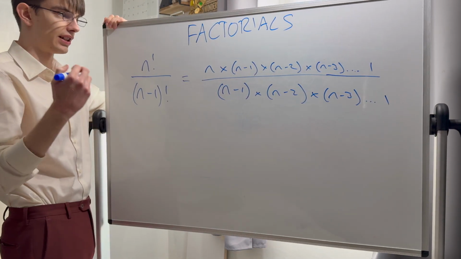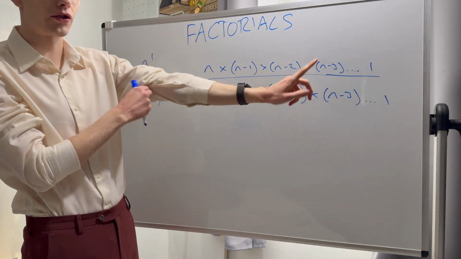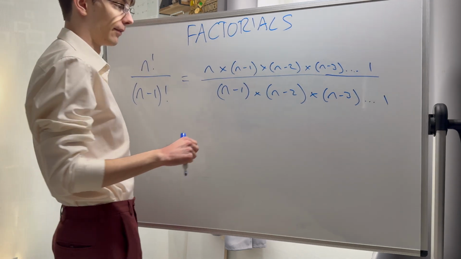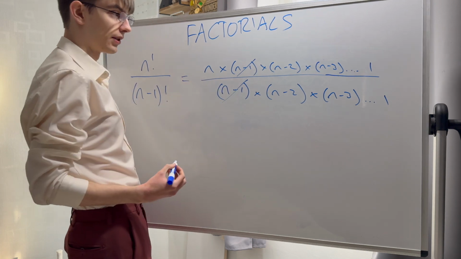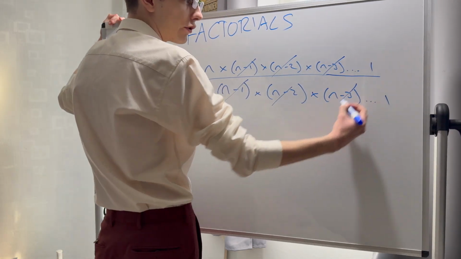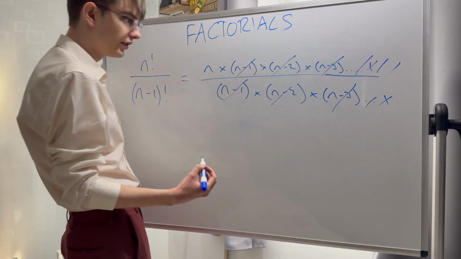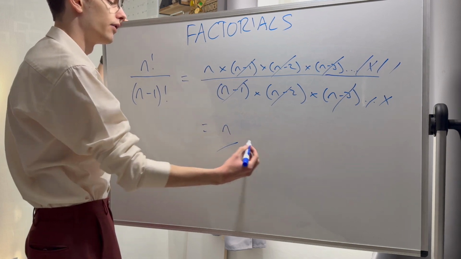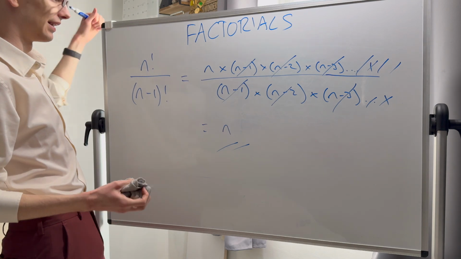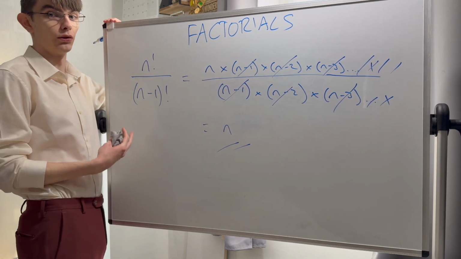And what we notice is because we just have a bunch of multiplication on the top and a bunch of multiplication on the bottom, stuff starts cancelling. (n minus 1) cancels with (n minus 1), (n minus 2) cancels with (n minus 2), and so on. Everything will cancel down to the ones, and you are just left with n. And this is a much simpler way of working with things, because when we have loads of multiplications, we can cancel.